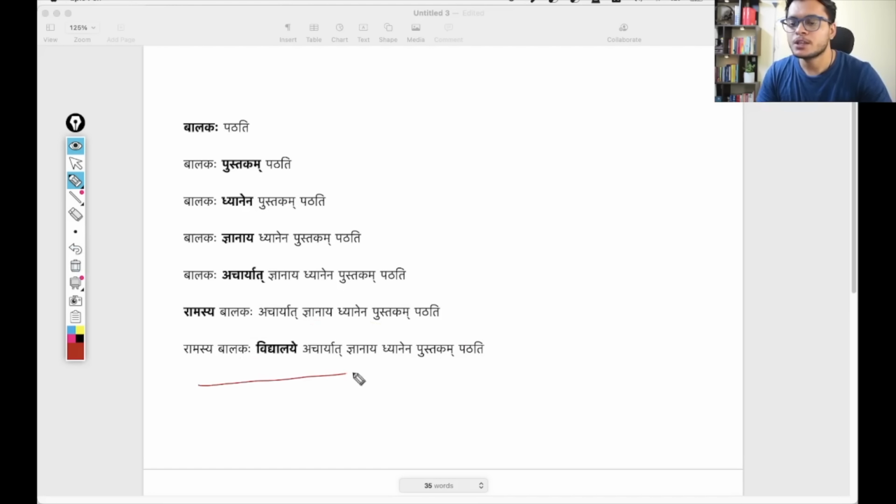And if I give you this sentence and rearrange the order, no matter how I rearrange it, it won't change the meaning of the sentence. Why? Because each of these words is carrying so much information.